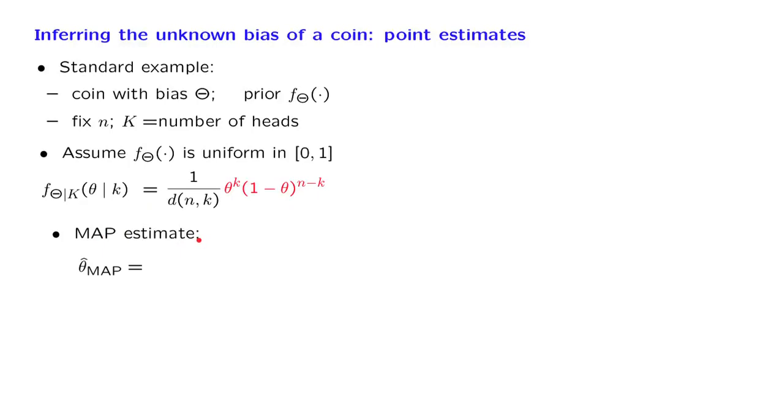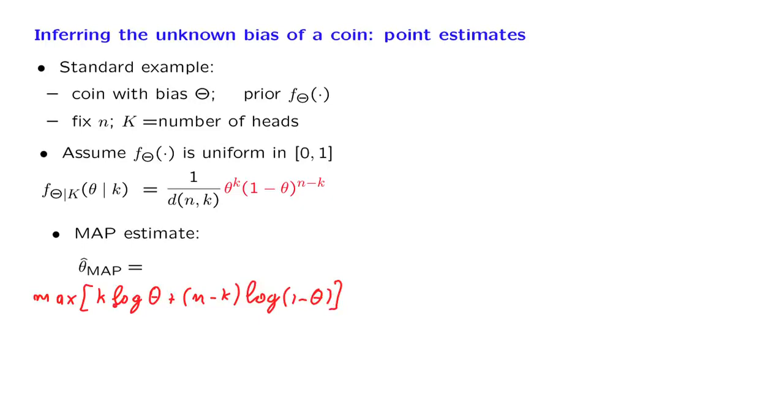How can we find it? By definition, the MAP estimate is that value of theta that maximizes the posterior, the value of theta at which the posterior is largest. Now, instead of maximizing the posterior, it is more convenient in this example to maximize the logarithm of the posterior, and the logarithm is k times log theta plus n minus k times the log of 1 minus theta.